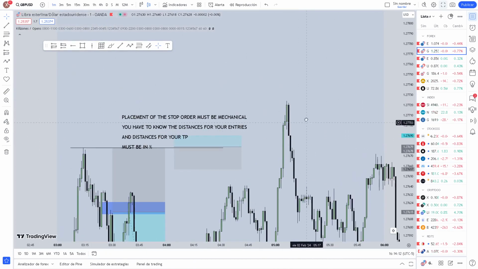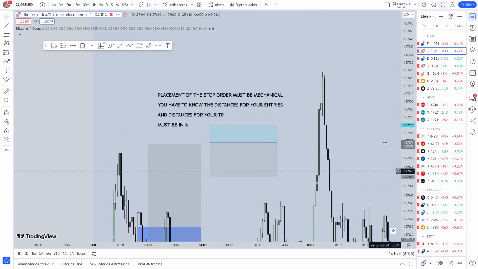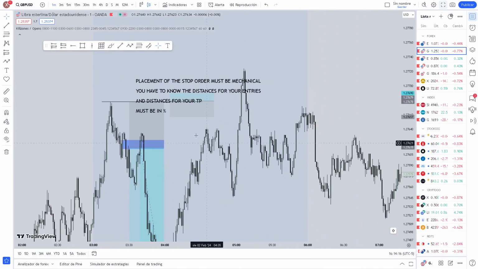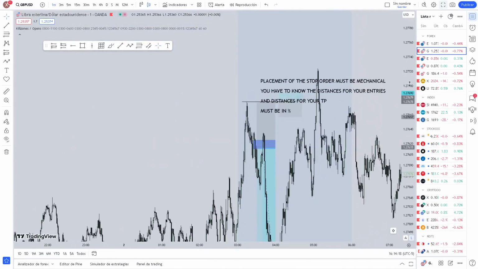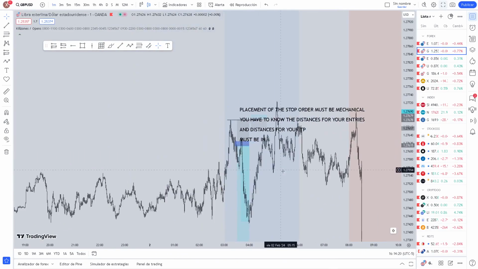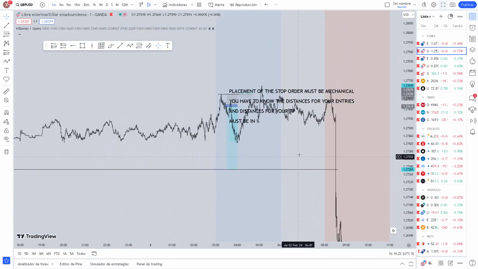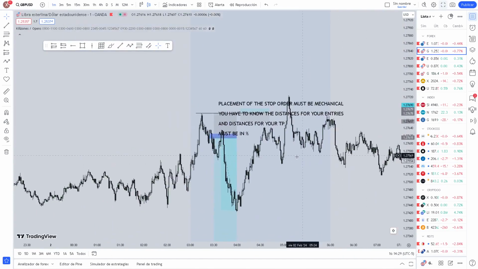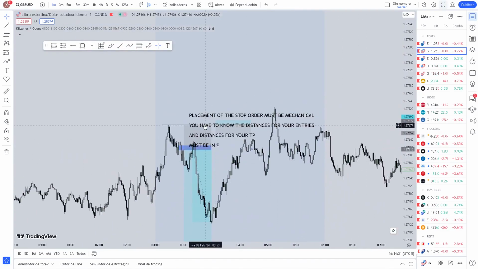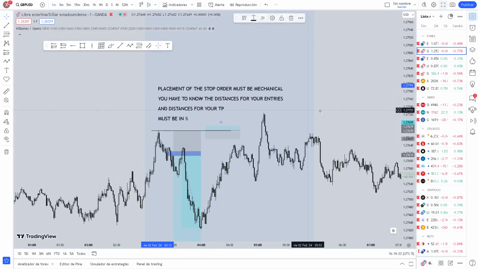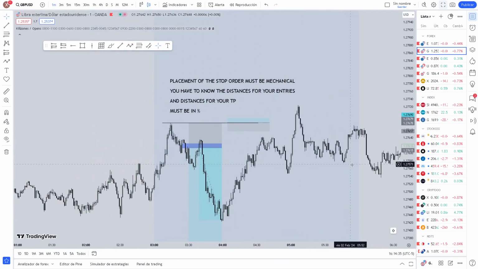So it's mechanical because it follows a proportion, right? Because if British pounds are very expensive compared to euros, then 1 pip on British pounds will be much smaller, right? And the opposite scenario with whatever pair. So you have to do it in percentage.